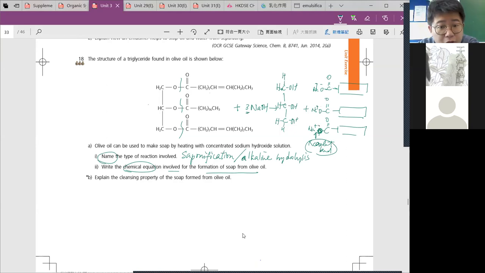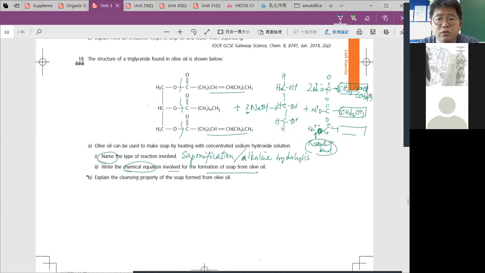But you may find that this and this, they are the same, right? You may merge the two to form this, 2, and then make it 1. Do you understand? Something like this. And then very long.